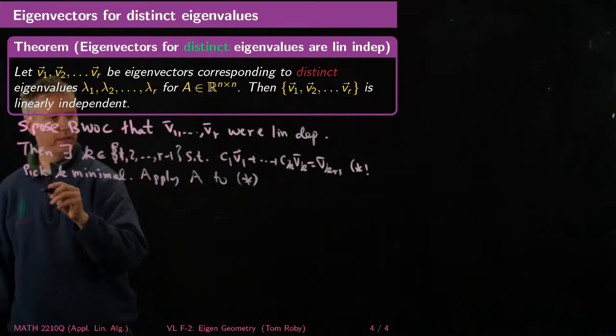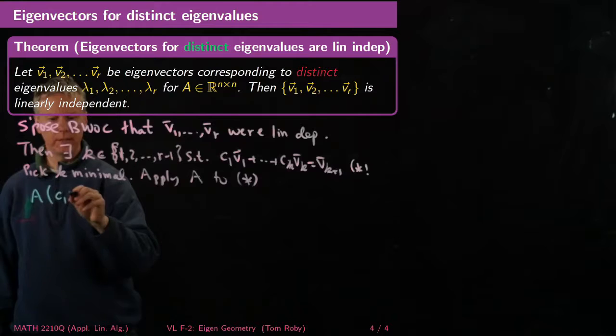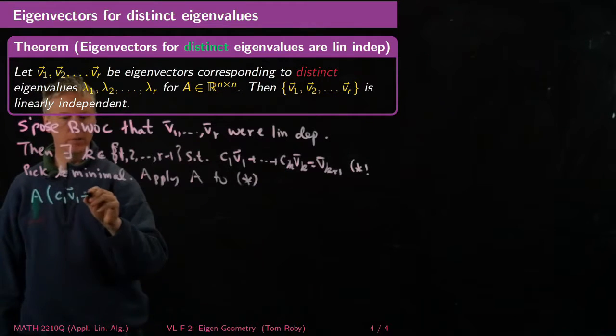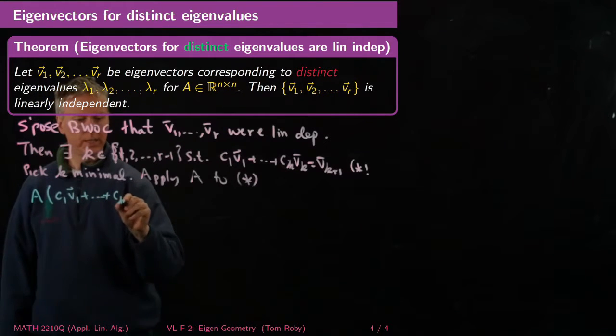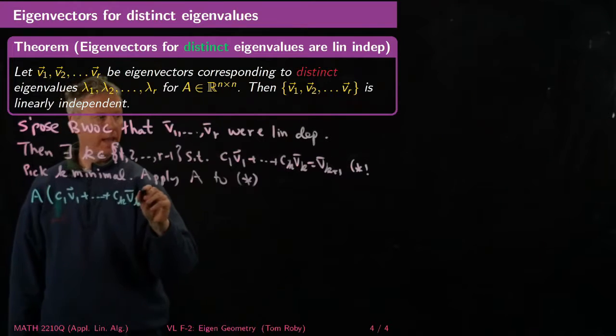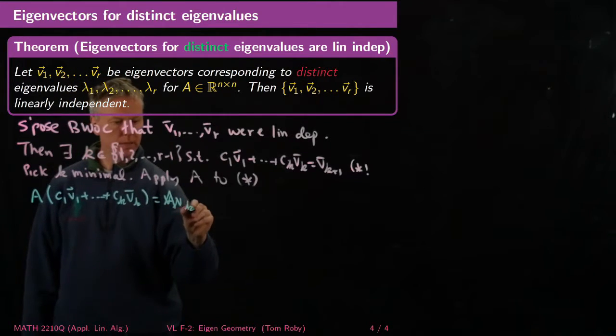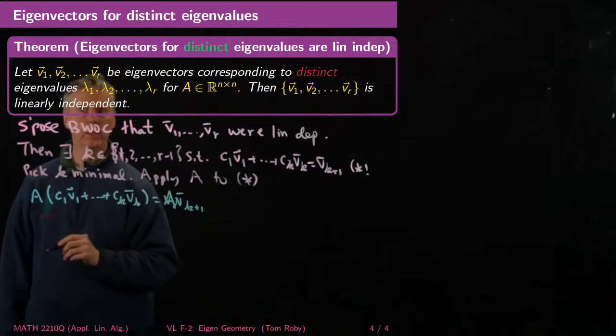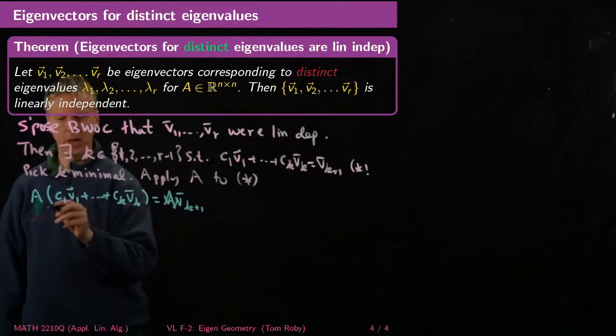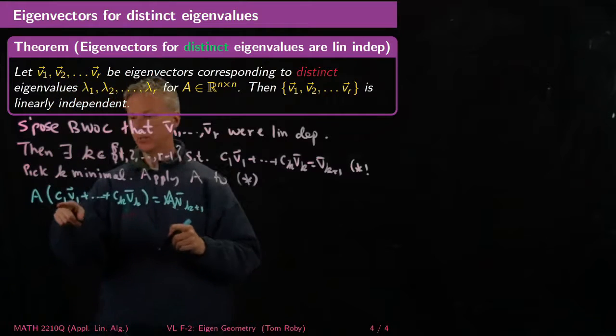So we get A times c1 v1 plus ... plus ck vk is equal to A times v(k+1). Now, when we apply A to all of these things, what happens?